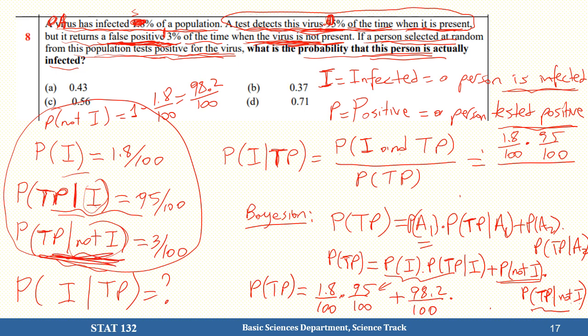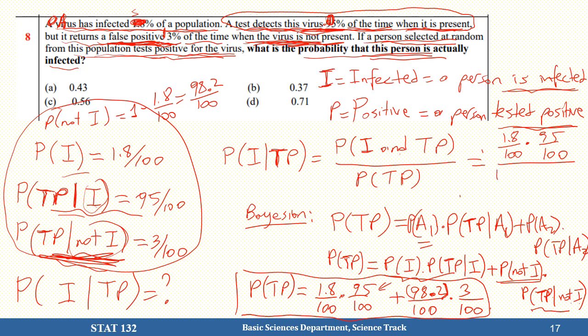It's here, 3 over 100, I will put them in parentheses, times 3 over 100. Now we have this one, and then we can write this one here.